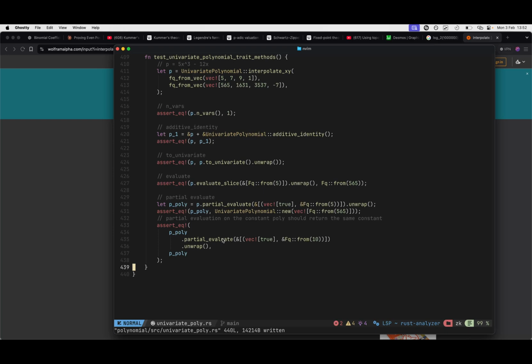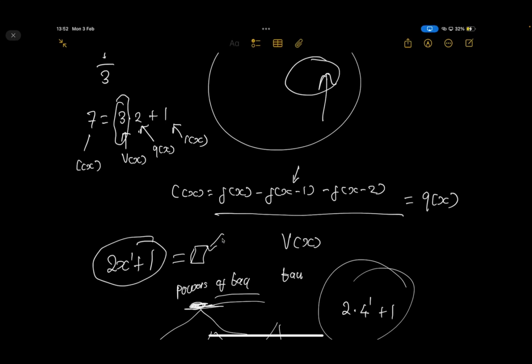Why do you say that? Because we have f of x, and then we're evaluating it at f of x minus 1. This x minus 1 is a polynomial, and x minus 2 is also a polynomial.